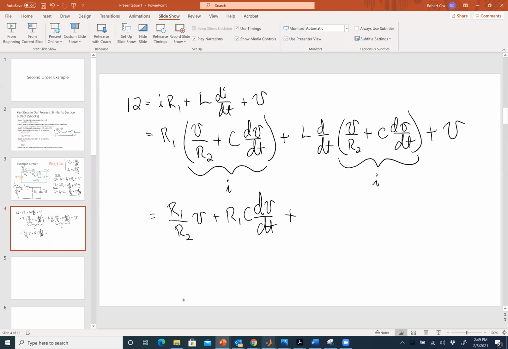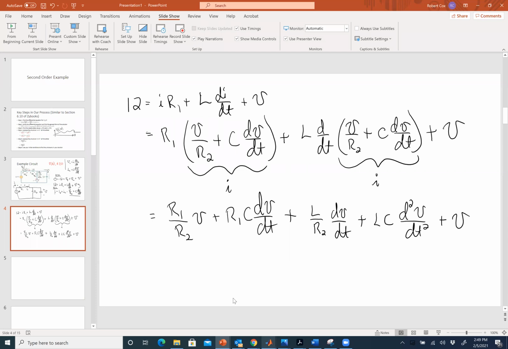I think this is where everybody gets confused. You just multiply out the d dt, so it would be L over R2 times dV dt, plus I get a second derivative, LC d squared V over dt squared, plus V.